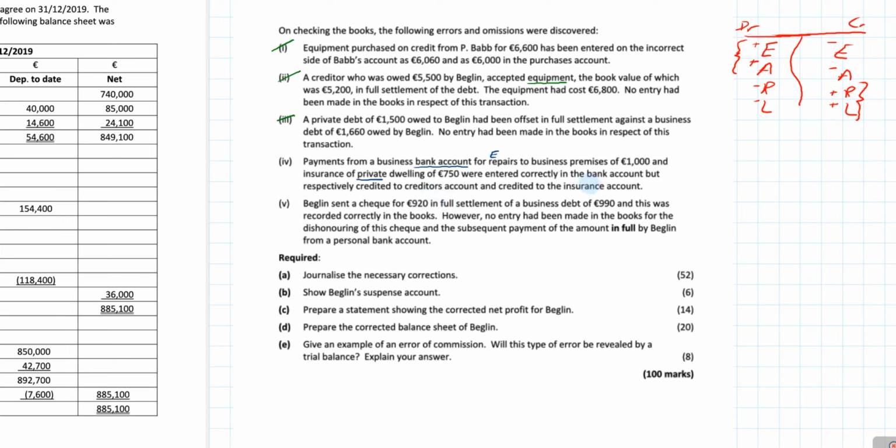So we definitely have bank is an account we need, creditor is an account we need because we credited to the creditors. We'll need the insurance account, but we'll also need, if the company is paying for private dwellings, that's drawings, because we're taking money out of the company for private use.